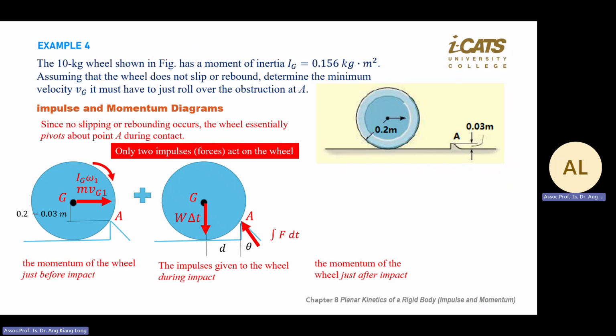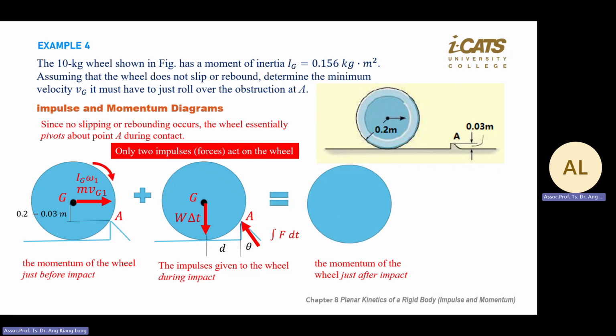This is before touching the point A, and then during the impact, it will touch the point A. So the first diagram is more on the velocity and angular velocity. The second one is on the impulse, all the forces acting on the object. So you have weight and the external force.